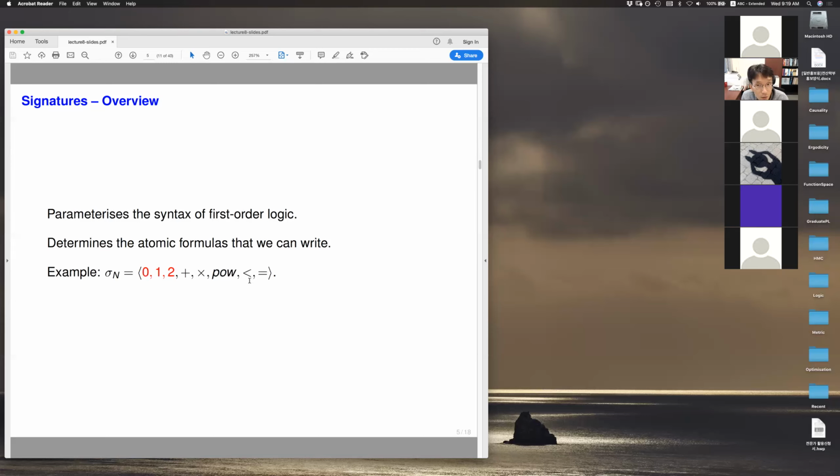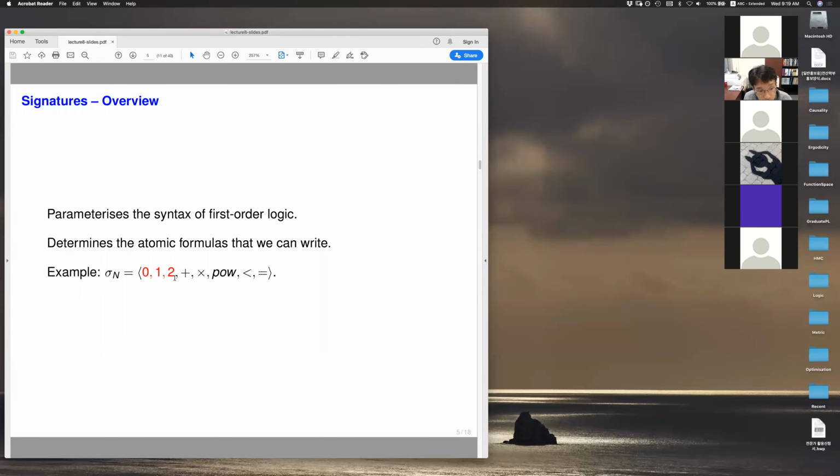If the word symbol confuses you, then you can think of this as just a character 0, a character 1, and then POW is a string, and so on. Okay. Now, this signature consists of three big parts.